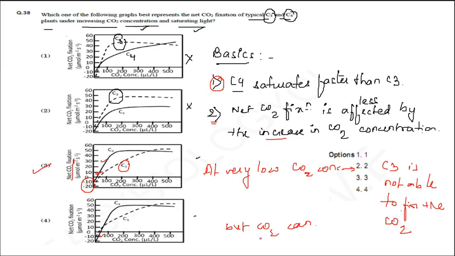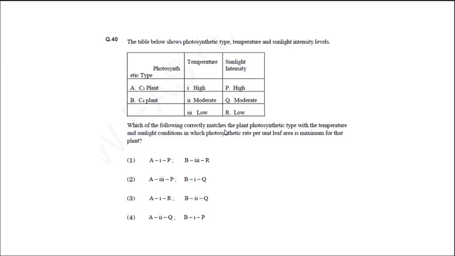Remember that. Now next question, this is again from photosynthesis. C3, C4, CAM and C2 plants, at least one question each you can expect every time. So please learn by heart the comparison between C3, C4, CAM and photorespiration. Now, the table below shows photosynthetic type, temperature and sunlight intensity levels.